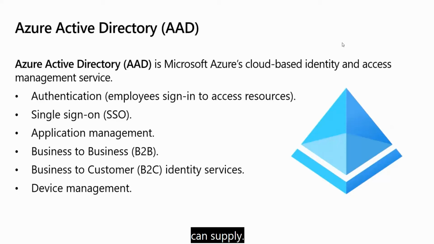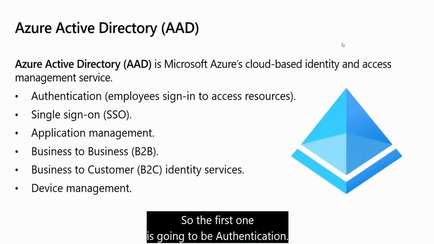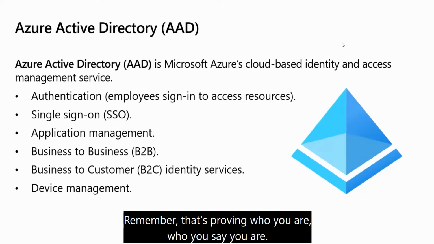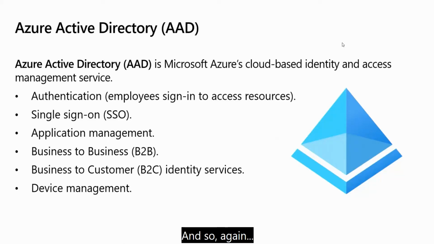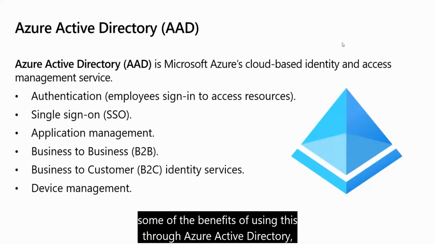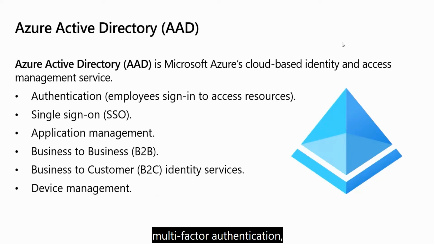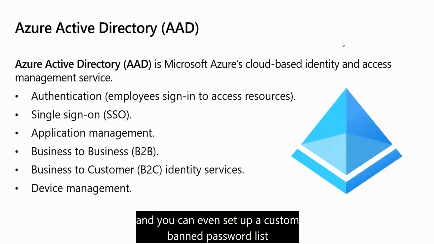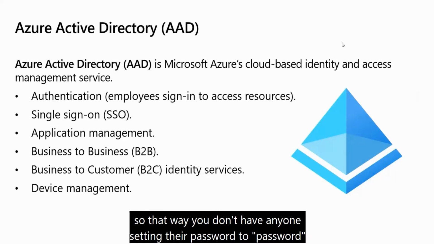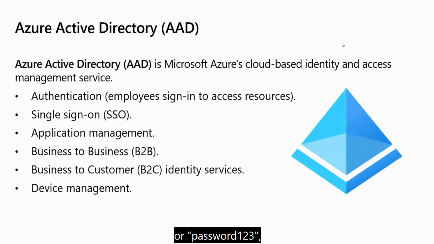So there's a number of different services that Azure Active Directory can supply. The first one is going to be authentication. Remember, that's proving who you say you are. Some of the benefits of using this through Azure Active Directory: you can have self-service password reset and multi-factor authentication. You can even set up a custom banned password list, so you don't have anyone setting their password to password or password123.